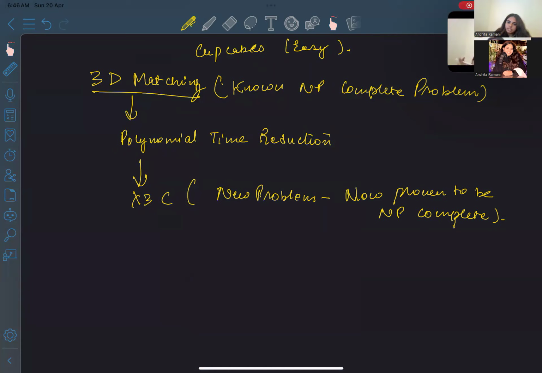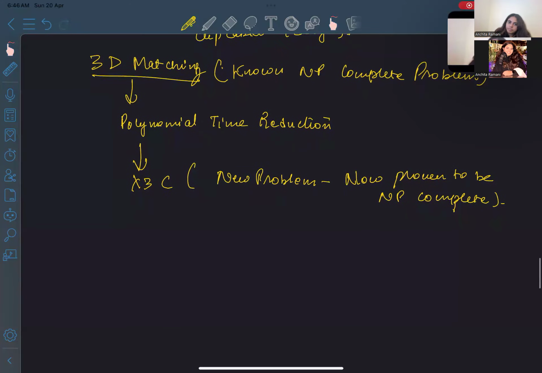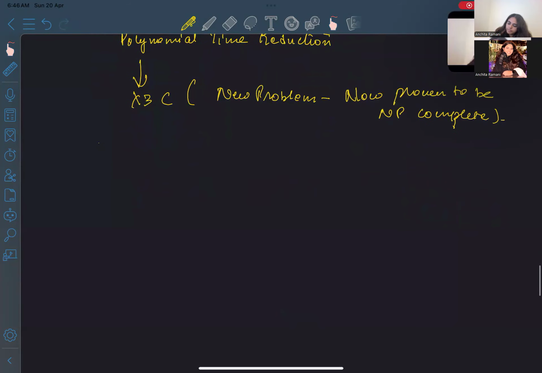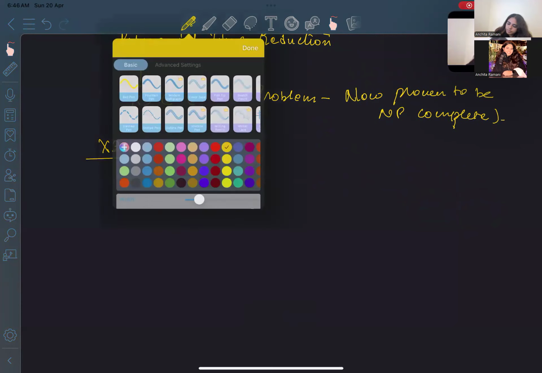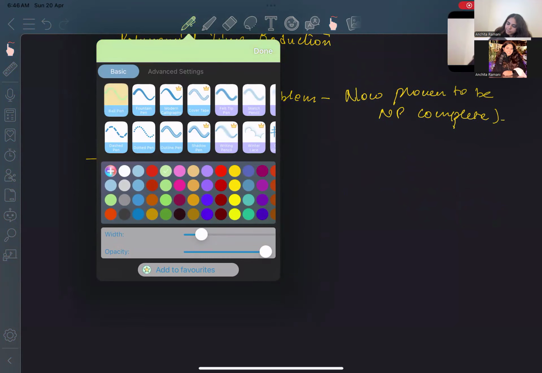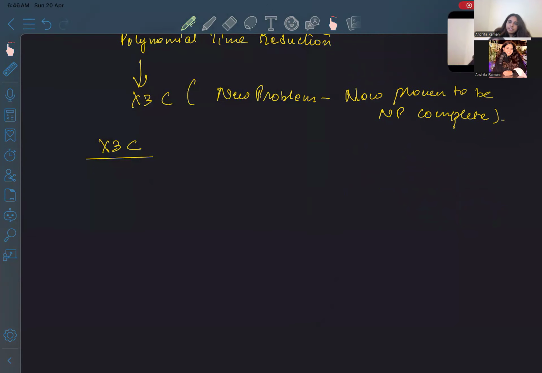Now let's take an example, okay? Let's say you're given a universe U of 3Q elements, and a collection C of subsets of size 3.